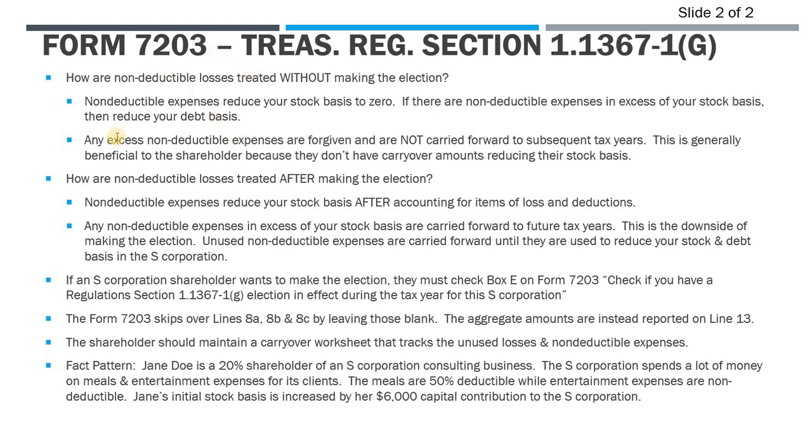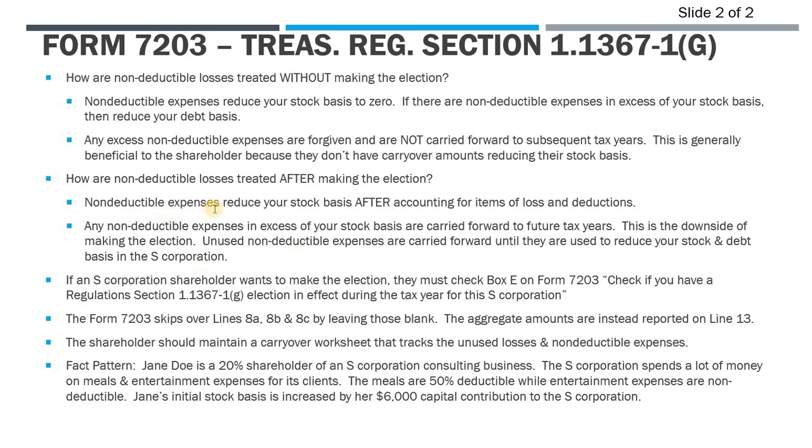So by not making the election, if we have a lot of non-deductible expenses and we can't use them all in the current year because we don't have enough basis, they don't roll forward to next year, where you can just get rid of them. Now, this is the cost that you have with making the election. If you decide to make this G election, you get the benefit of claiming the losses first. That's step number 3.